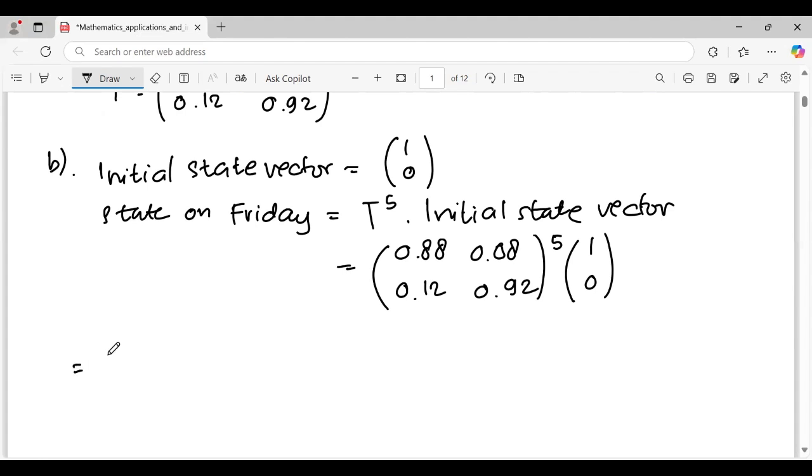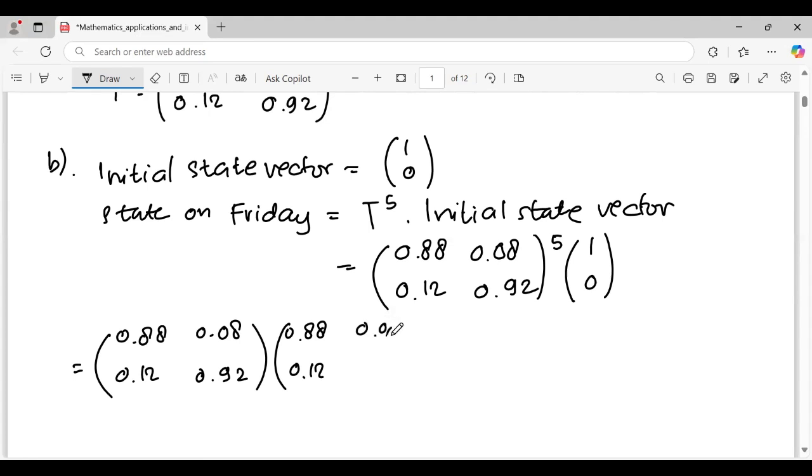Power 5 means I multiply the matrix [0.88, 0.12; 0.08, 0.92] by itself.